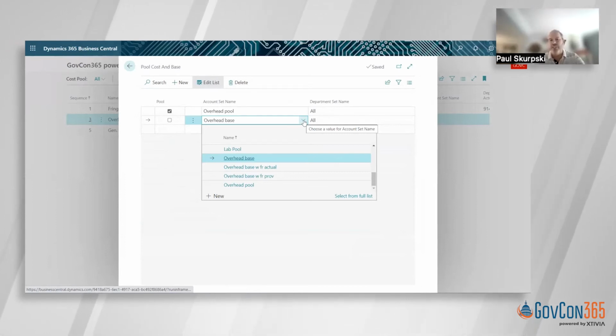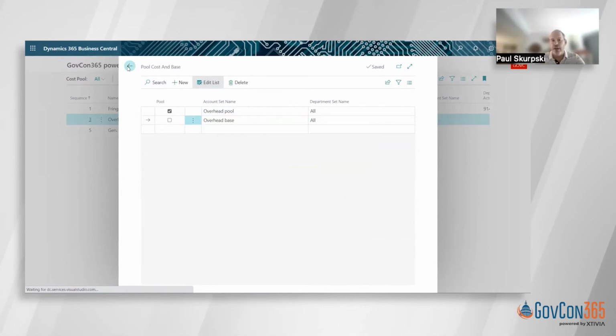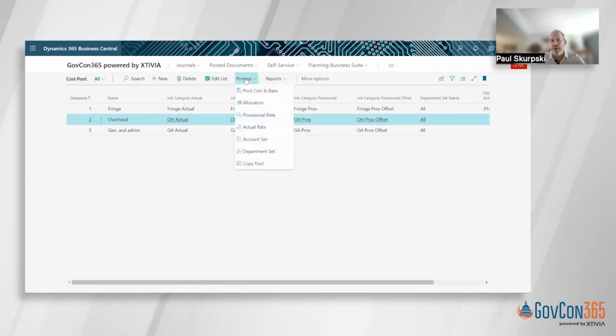And that's how the system is going to calculate what amount of overhead goes into each project. It's the math behind what's in my pool, what's in my base. So based on the percentage of overhead for each project, it's going to get that percent of overhead costs. That's going to be for our actual rate allocation.